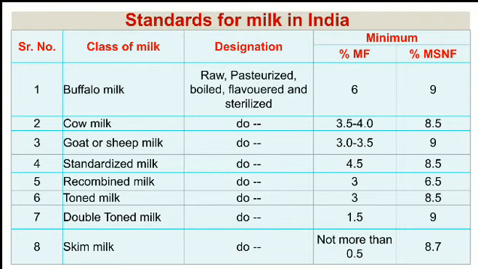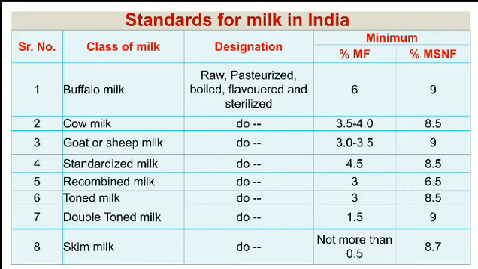In cow milk, the minimum fat percentage should be 3.5 to 4% and SNF 8.5%. In goat or sheep milk, the fat percentage should be 3 to 3.5 and SNF should be 9%. Then in standardized milk, the minimum milk fat should be 4.5% and SNF should be 8.5%.